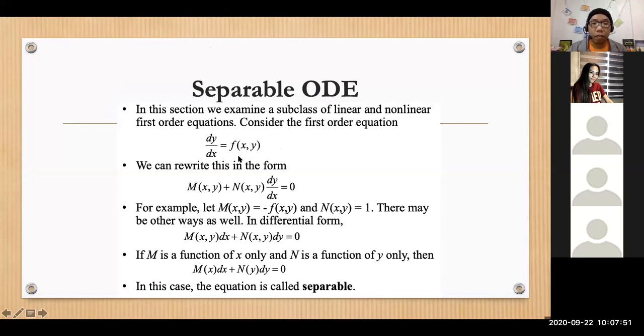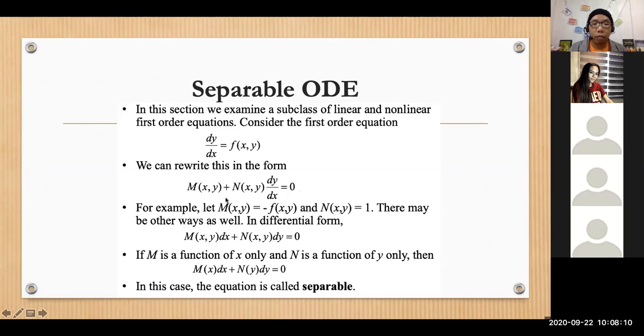Let's rewrite this into a format where the first term is M, a function of x and y, and N, a function of x and y, times dy over dx equals 0.